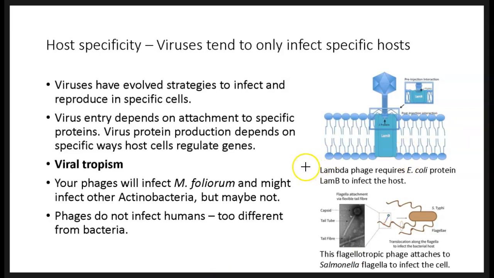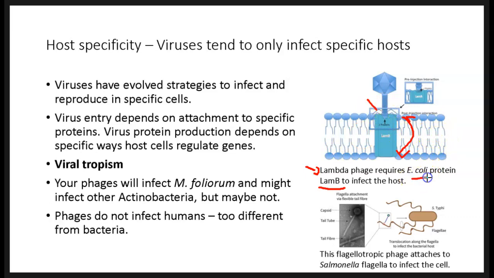For example, over here on the right we have a lambda phage. So lambda is a bacteriophage that infects E. coli. E. coli produce a protein called LAMB, which is inside their phospholipid bilayer membrane. And lambda phage is able to infect E. coli cells because it attaches through its tail fibers to the specific LAMB protein before it injects its DNA.